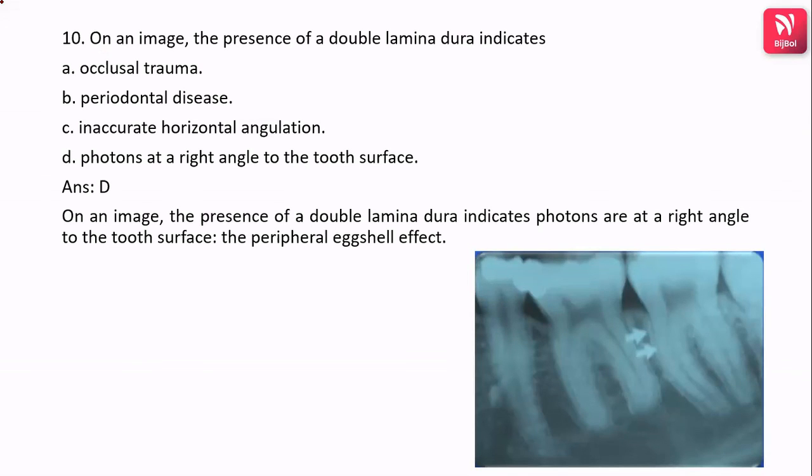Okay, so it is option D. It is not in all these: occlusal trauma, periodontal disease, or inaccurate horizontal angulation. In all these conditions, we do not see such an appearance. It is only when the photons are directed at a right angle to the tooth surface that you see this double lamina dura, which is known as the peripheral eggshell effect.